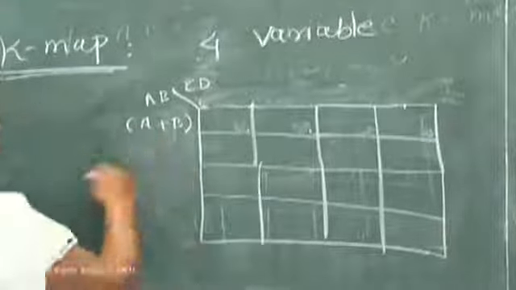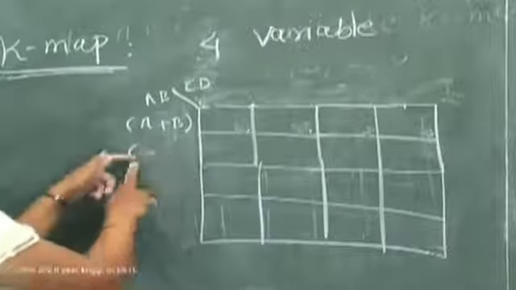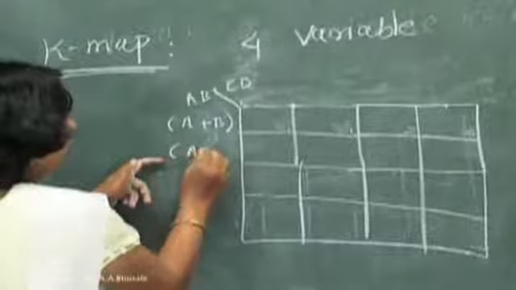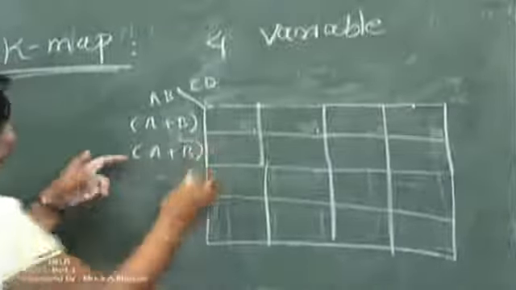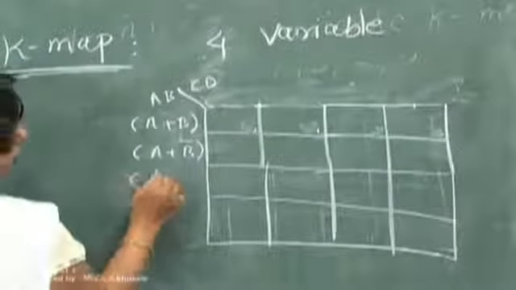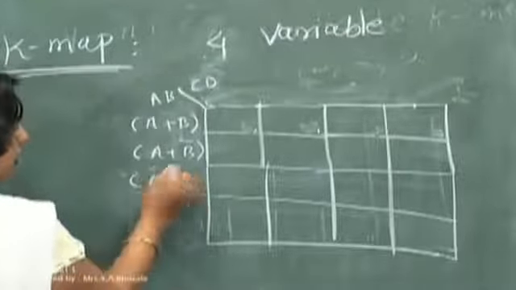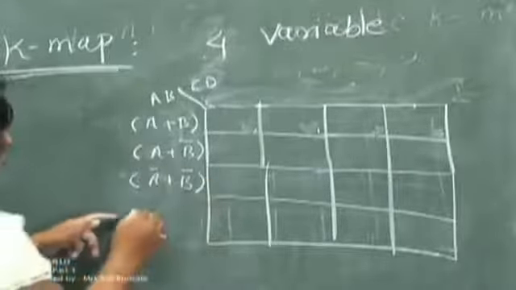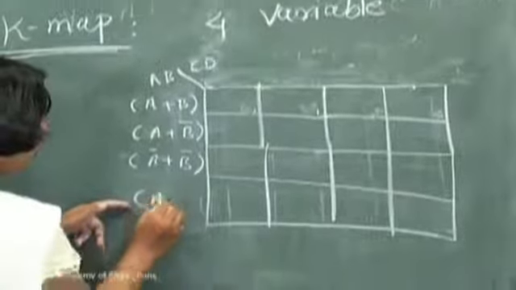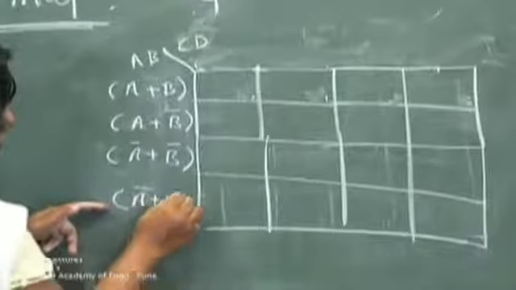Then it was 0 1, that is A bar B, so it will become A plus B bar. Next it was AB, which will become A bar plus B bar, and the next one will become A bar plus B.